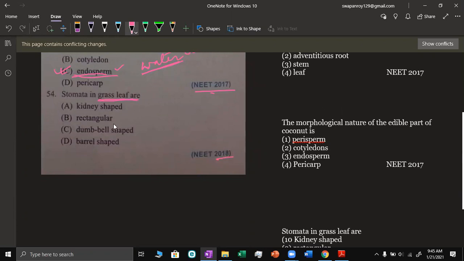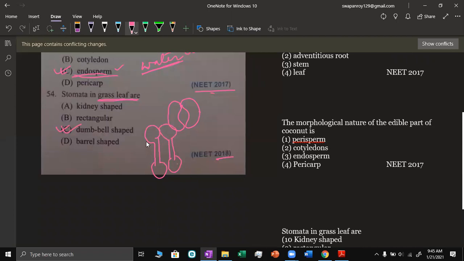The stomata in grass leaf is dumbbell shaped. Usual stomata have kidney-shaped guard cells, but grasses have dumbbell-like guard cells.